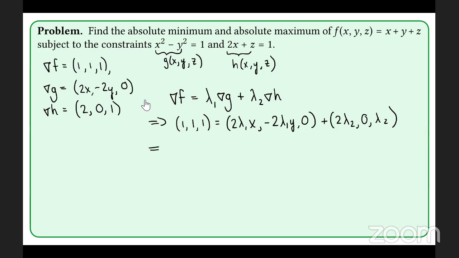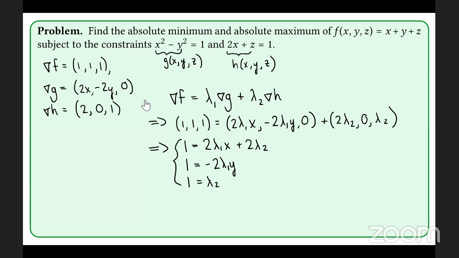Okay, so here we get three equations. 1 is equal to 2 lambda 1 x plus 2 lambda 2. 1 equals negative 2 lambda 1 y, and that's it. And 1 equals lambda 2.